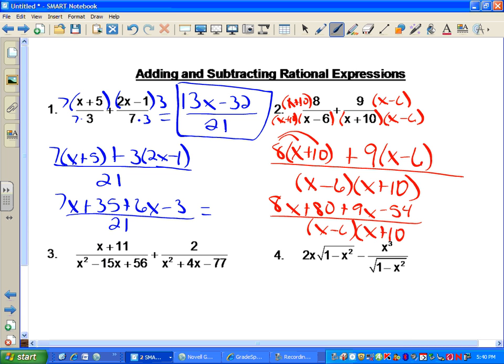Combining like terms, the 8x and the 9x equals 17x. 80 minus 54 gives us positive 26, all over the denominator of x plus 10, x minus 6. 17x plus 26 over x plus 10, x minus 6.